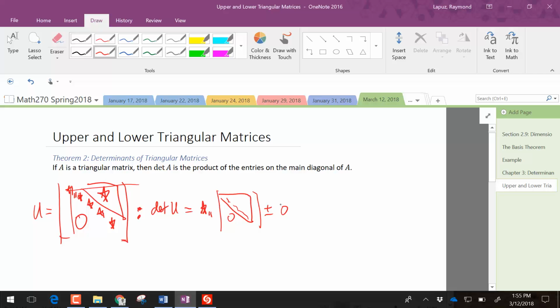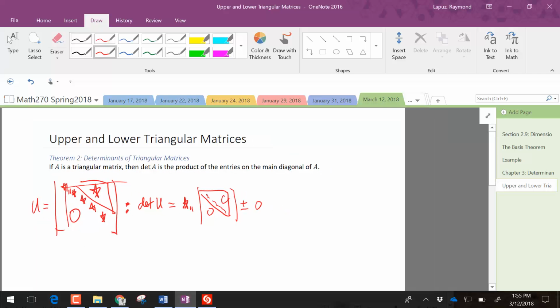Now you continue to expand on the first element, star 1,1, and then you expand on this new star, star 2,2, the 2,2 slot.